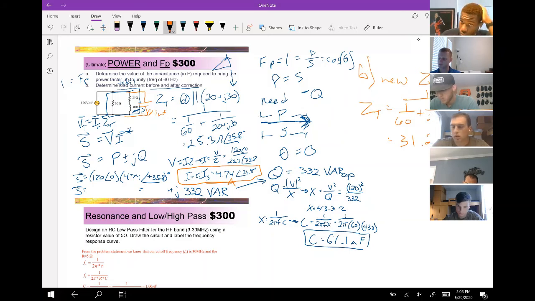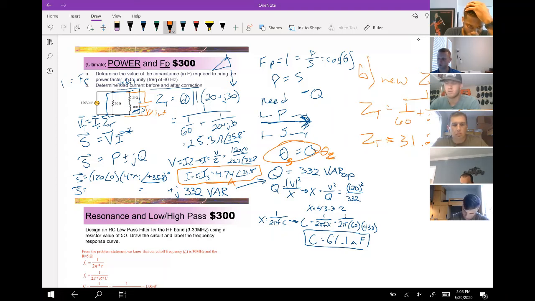And that makes sense that it has an angle 0, because that means it's neither capacitive nor inductive, it's purely resistive. And that makes sense because we needed a purely resistive circuit if we wanted our power factor at unity. This angle would be 0 because we said at unity, this theta is 0. Well, that theta is the theta of the power triangle, but it's also the theta Z of the total circuit.